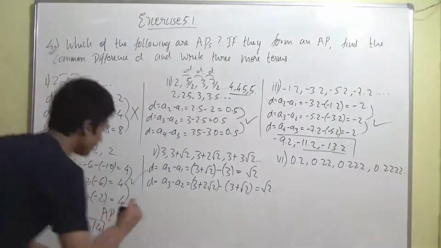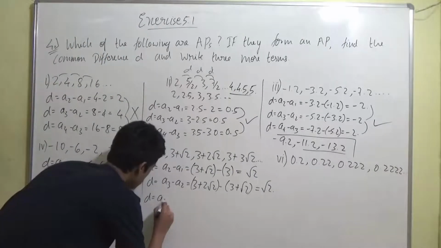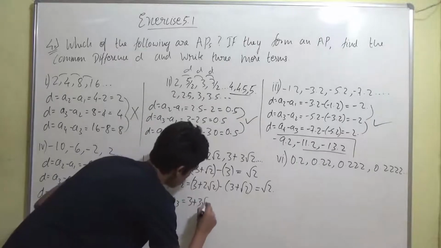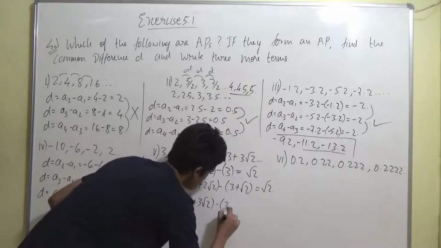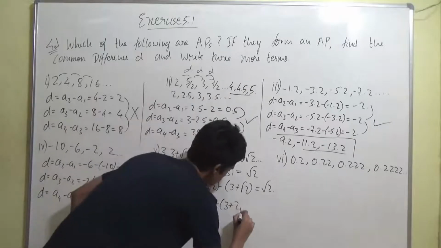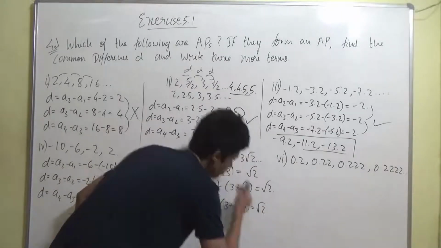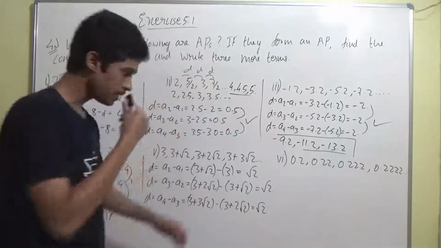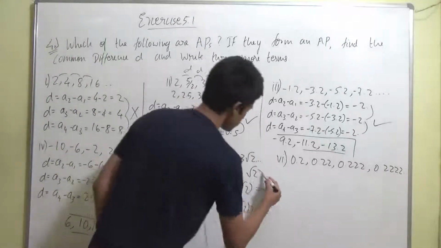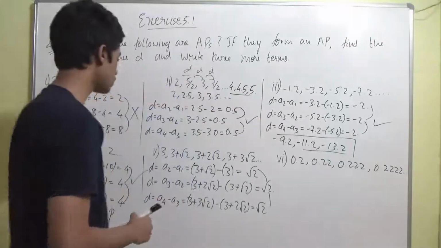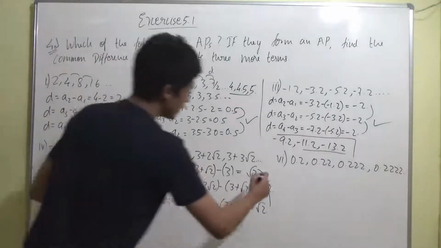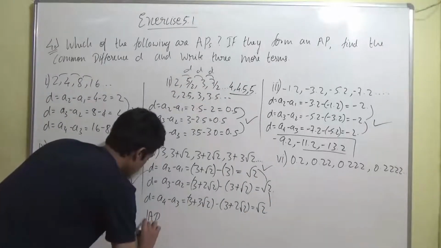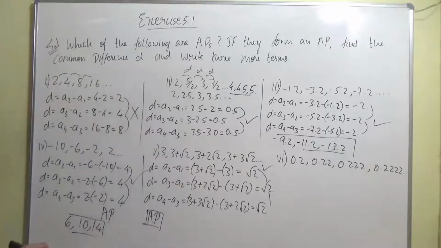Now if you go to a4 minus a3, this will become equal to 3 plus 3 root 2 minus 3 plus 2 root 2 equal to root 2 again, right? The difference is same throughout, which means it is an AP. Getting it, guys? It is an arithmetic progression, since the difference between the terms is same throughout.